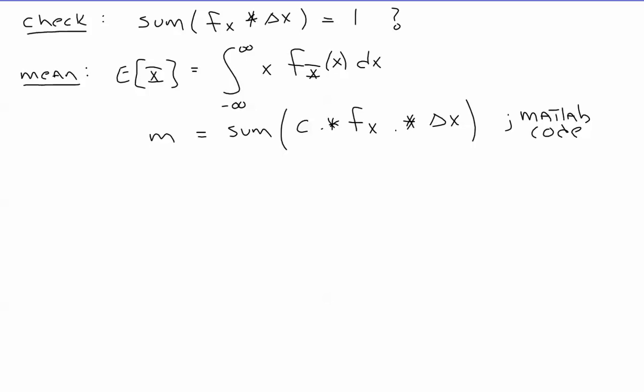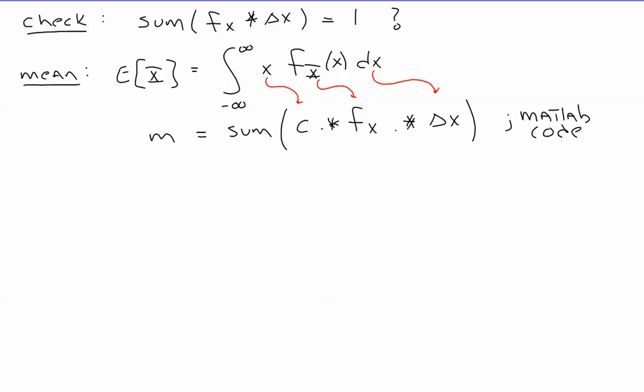So in effect, x is estimated by my vector of bin centers. My probability density function is estimated by fx. And I always have to throw in that delta x. That gives me my mean based upon my digital PDF estimate for x.